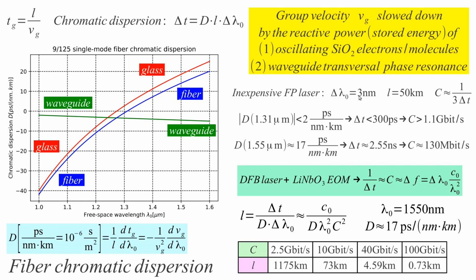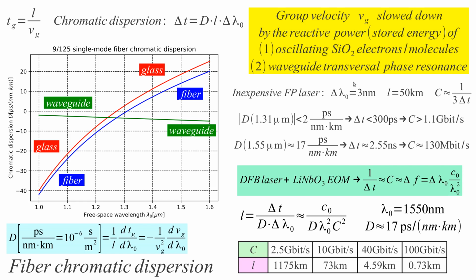a bandwidth of 3 nanometers and 50 kilometers of fiber, and broadening, this gives us a broadening of less than 300 picoseconds, this broadening here. If we convert it into capacity, we are limited with this laser and this fiber to 1.1 gigabit per second.